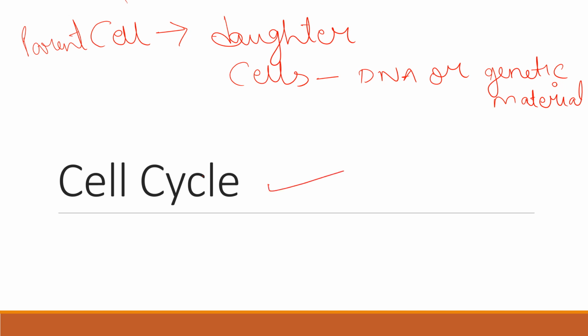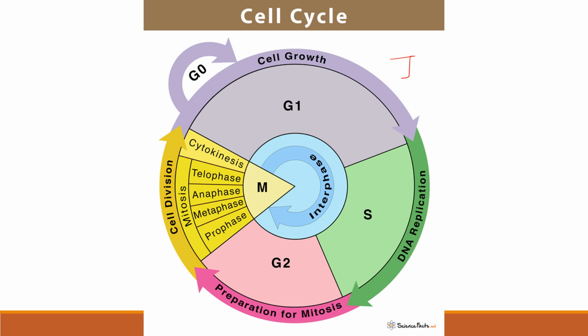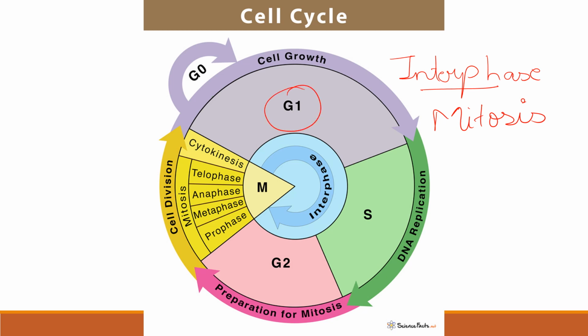So cell cycle is an ordered series of events that occurs. In earlier standards we have studied that the cell cycle mainly consists of two phases, that is interphase and mitosis phase. In interphase there are mainly three phases: G1 phase, S phase and G2 phase.